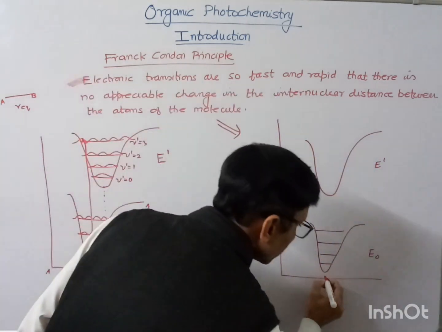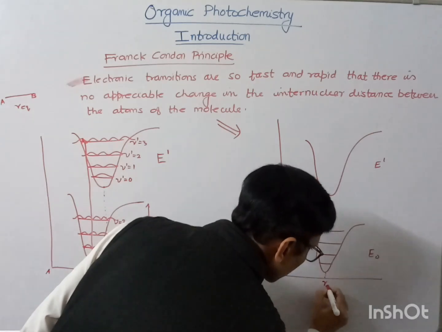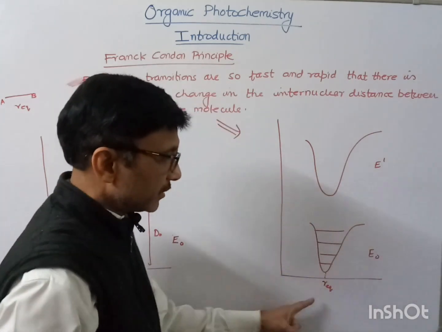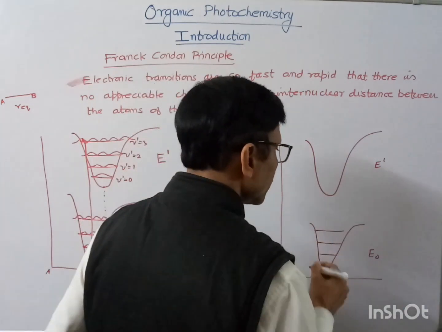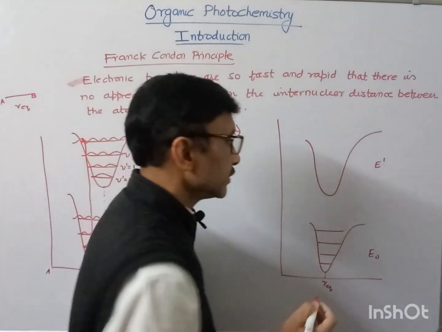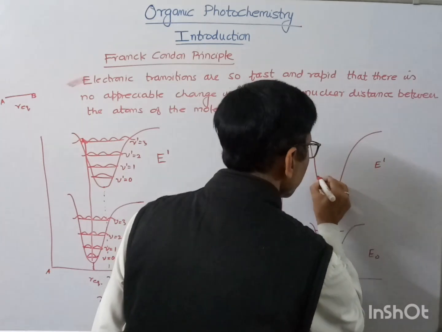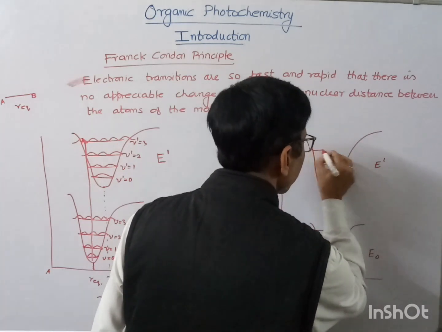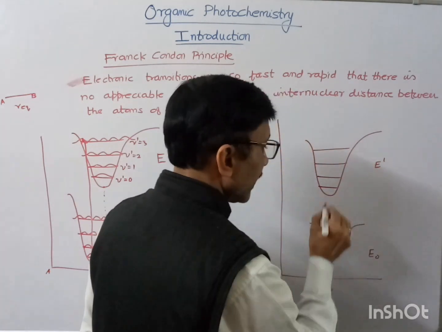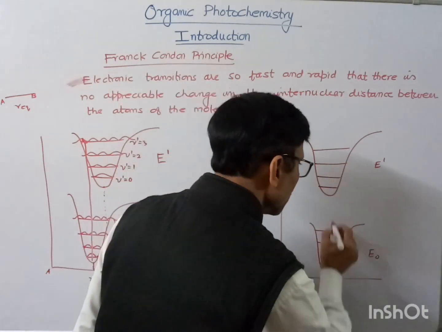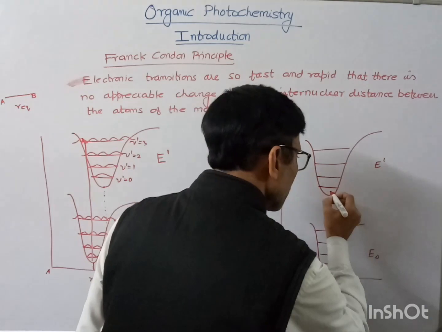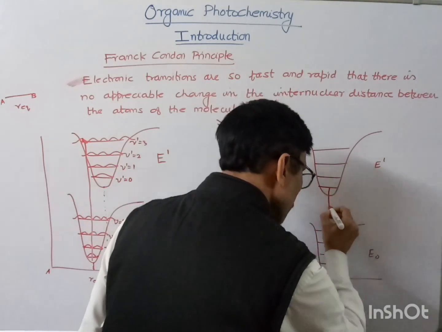Here is R equivalent in the ground electronic state, and after absorbing more energy, the electron goes into the excited level, and during this excitation the internuclear distance does not change.